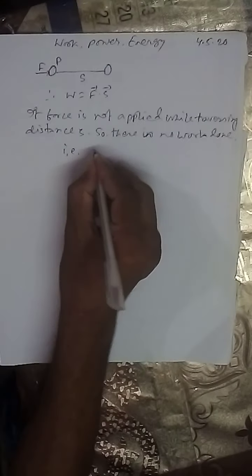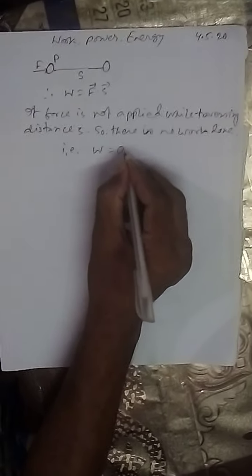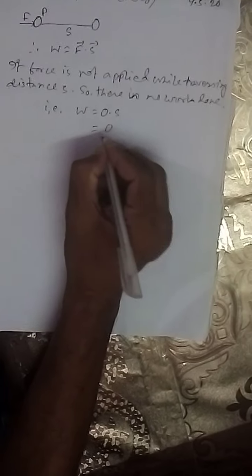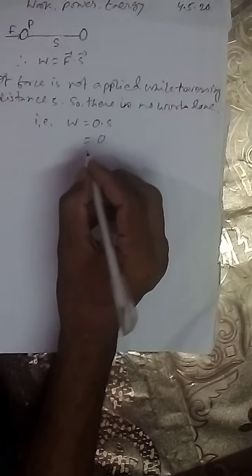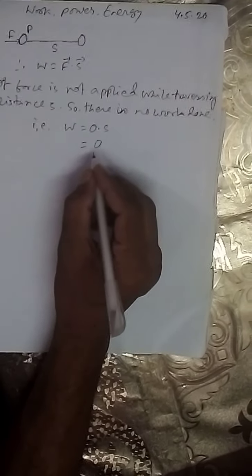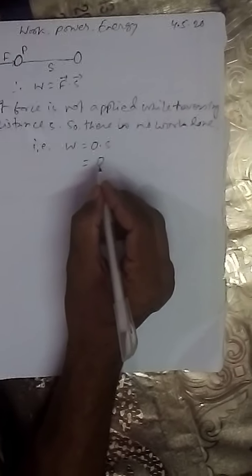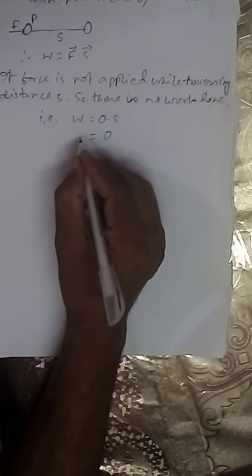That means W is equal to 0 dot S, then we get W is equal to 0. That means we are clear that to do work, force is mandatory. If the application of force is 0, then work done will be 0.